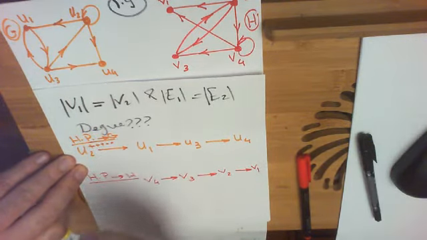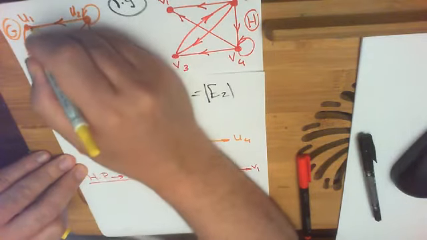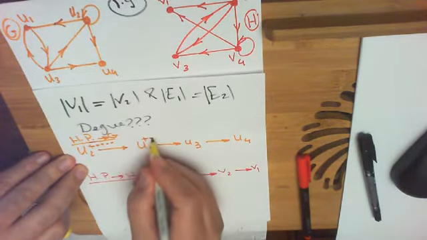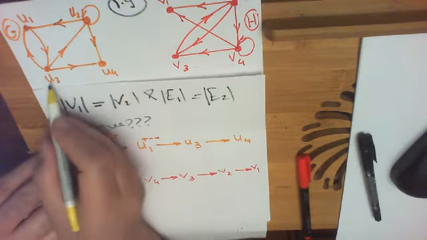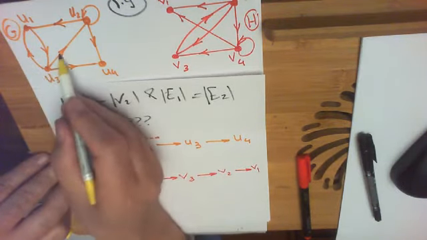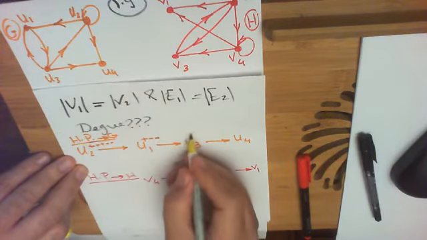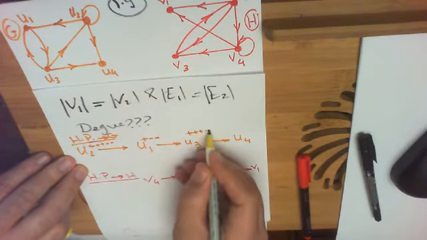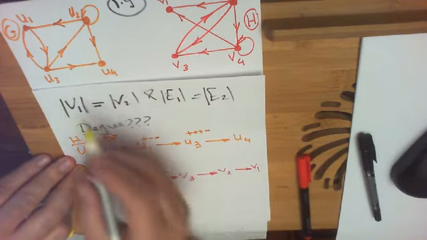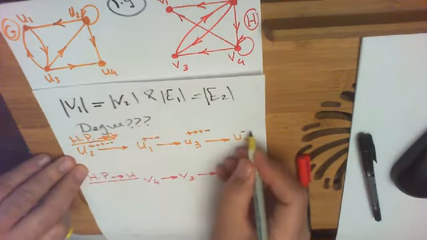For U1, we have 2 in and 2 out. For U3, we have 3 out, 1 in. For U4, we have 1 in, 2 in.